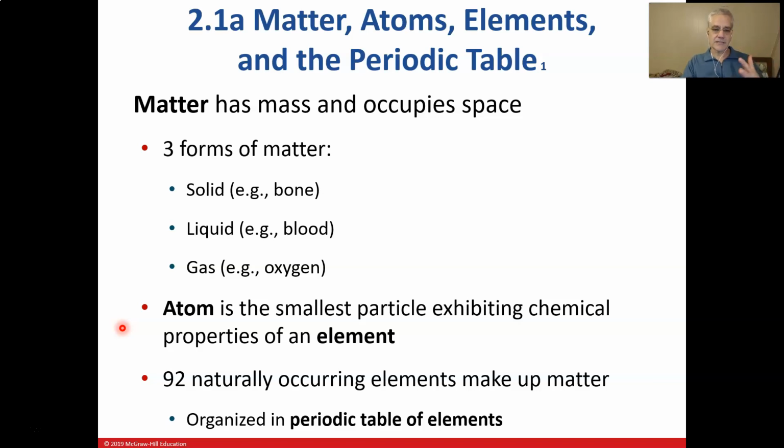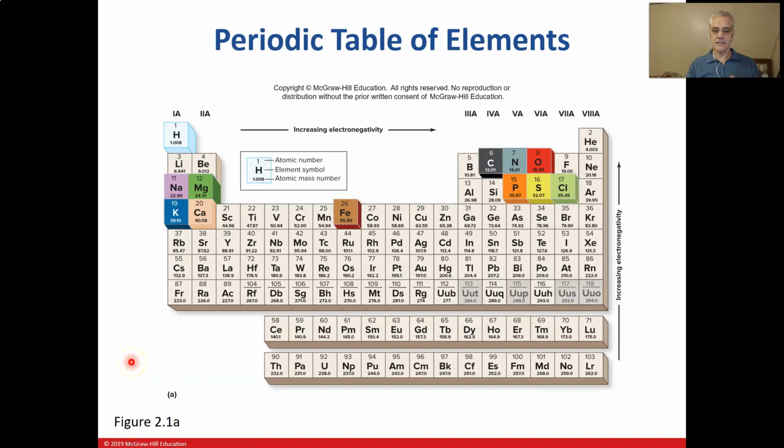Chemically, these are organized into a table, this thing called the periodic table of the elements. You don't have to memorize any of this stuff. The colors of the elements that you see there are related to the most common, by far and away the most common atoms that are found in humans or any mammalian life form.